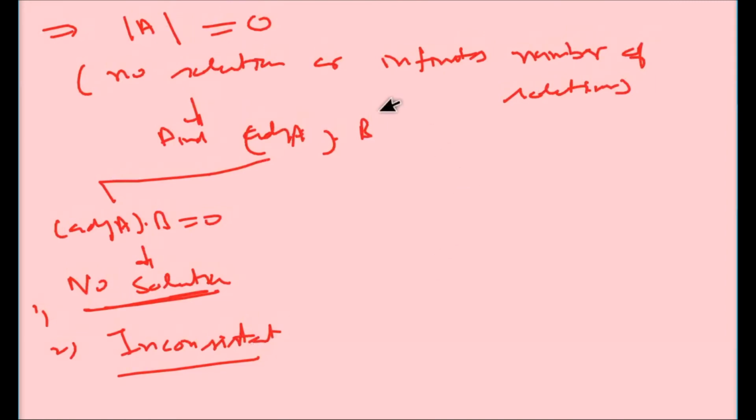Okay, now if we get the value of adjoint A into B equal to 0, then there may be infinitely many solutions.